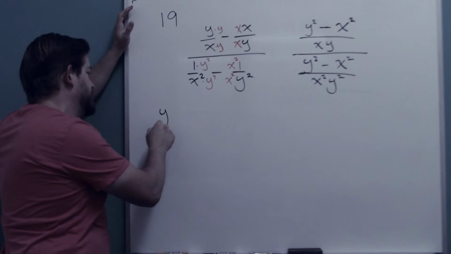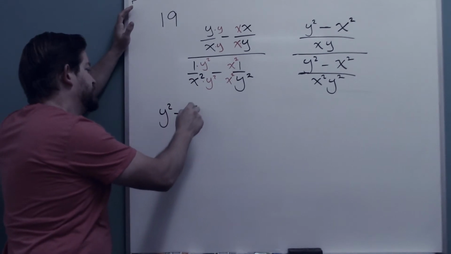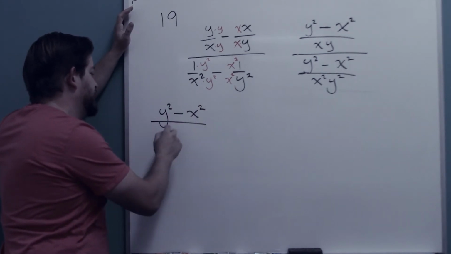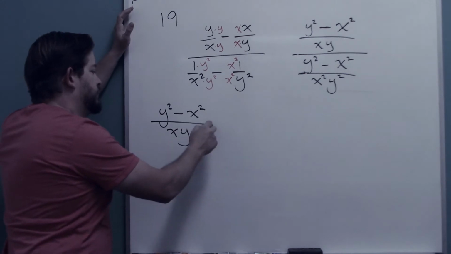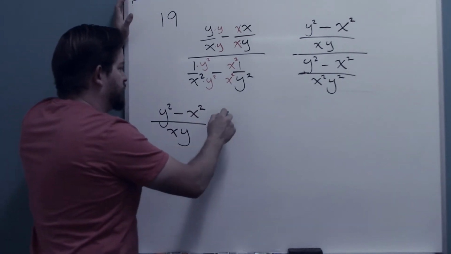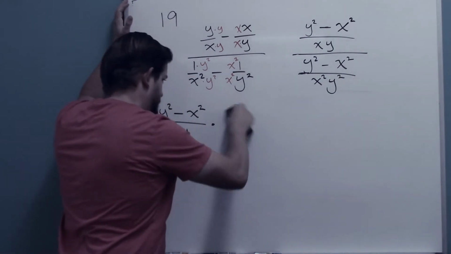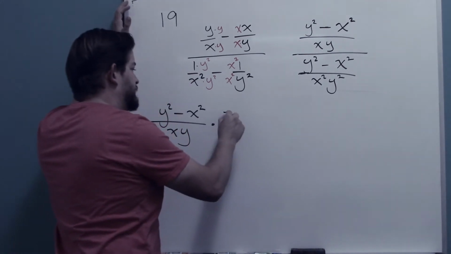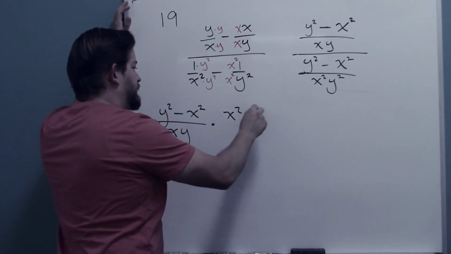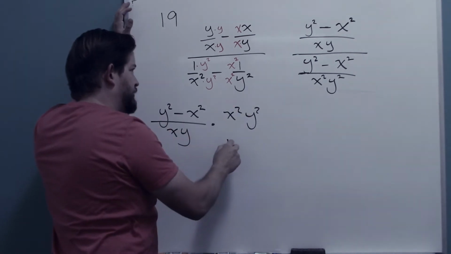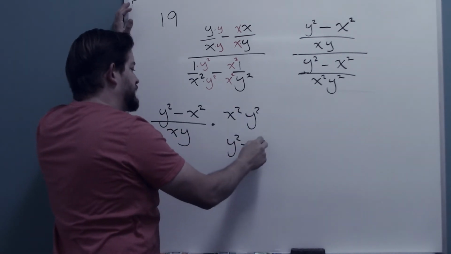So this becomes y squared minus x squared over xy multiplied by x squared y squared over, alright, this bottom one flipped, y squared minus x squared.